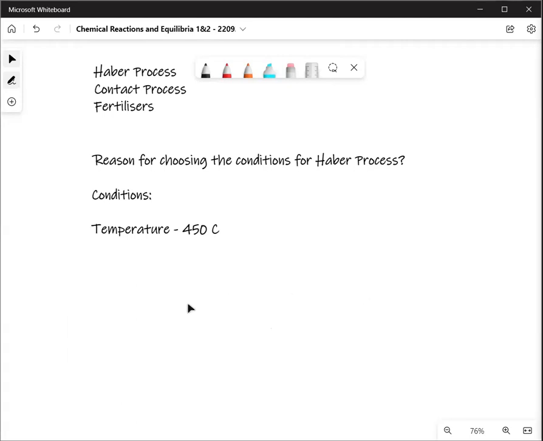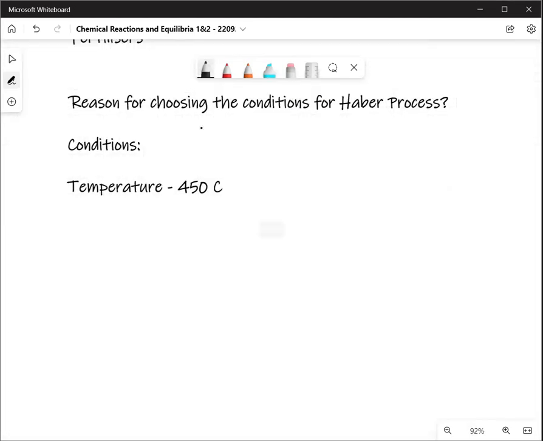Let's look at the reaction of the Haber process. It is N2 plus 3H2 gives us what? Zahra, read the equation from your notebook. It's N2 plus 3H2 gives us 2NH3.